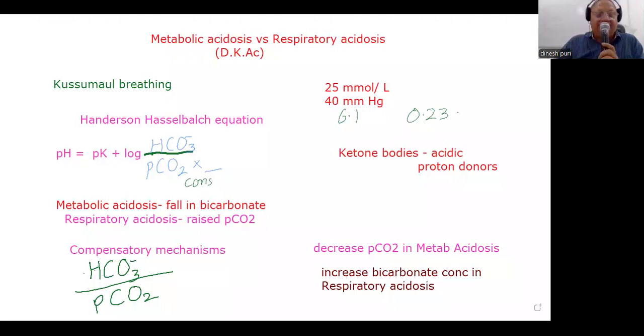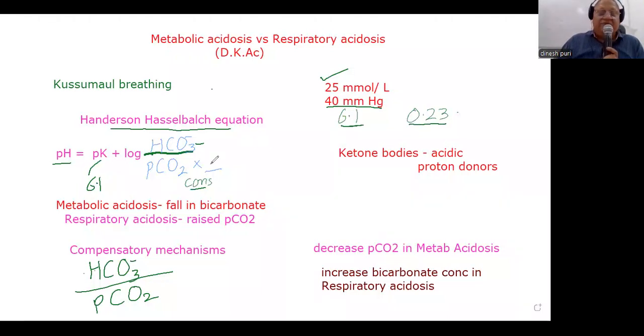Now, first, let us see this Henderson-Hasselbalch equation. pH is equal to pK, a constant, 6.1, plus log of bicarbonate concentration as numerator, 25 millimole per liter, over partial pressure of carbon dioxide, mean value 40 millimeter of mercury, multiplied by a constant 0.03.